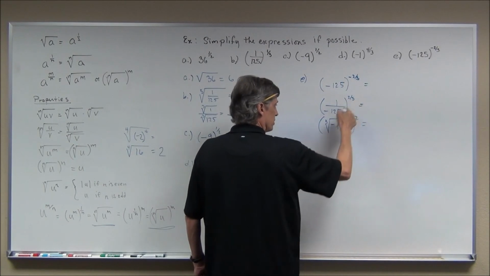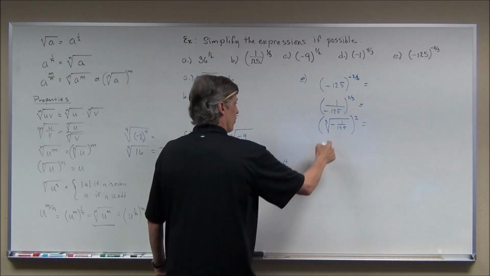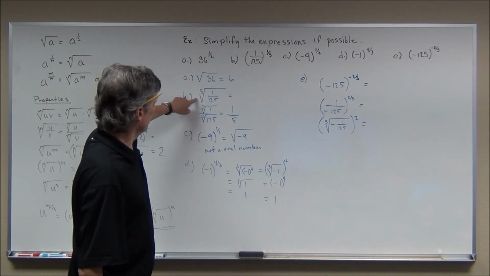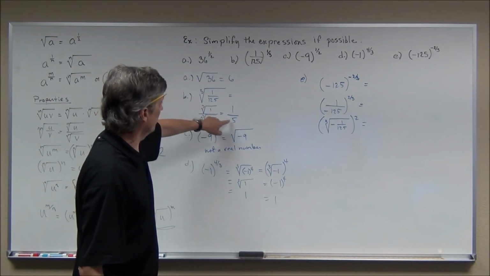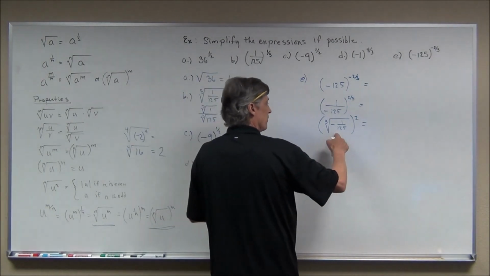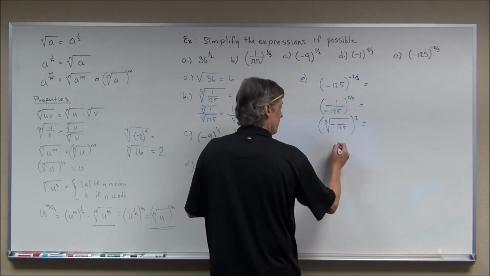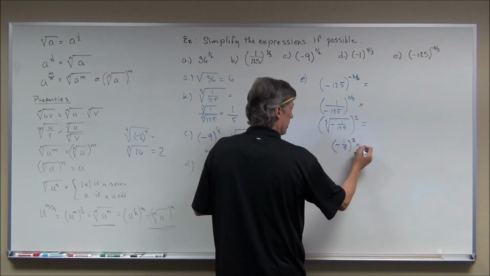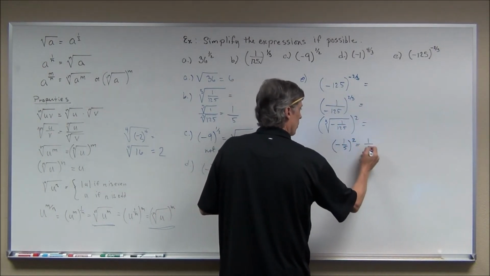That's the power, that's the index of the root. Well, what number times itself? Well, I just did this, or almost exactly this a minute ago. The cube root of 1 over 125 was 1/5. The cube root of negative 1 over 125 is negative 1/5. And then that gets squared, and a negative times a negative is a positive, and that's 1 over 25.